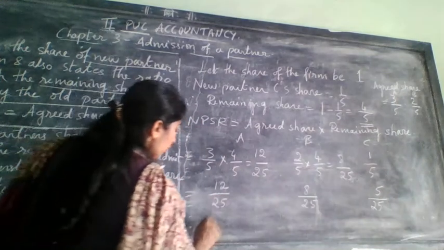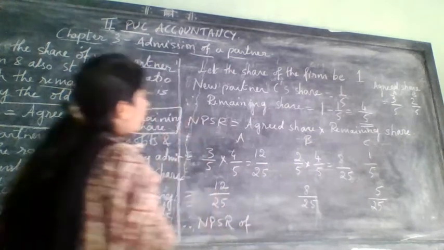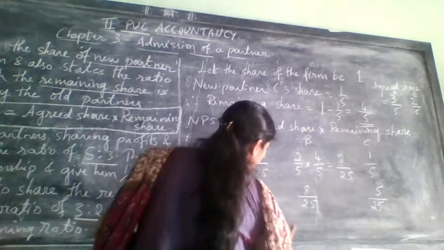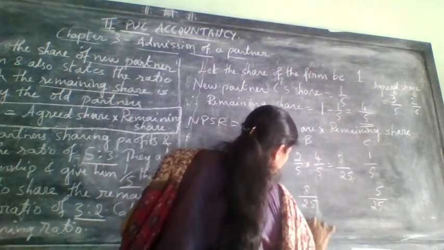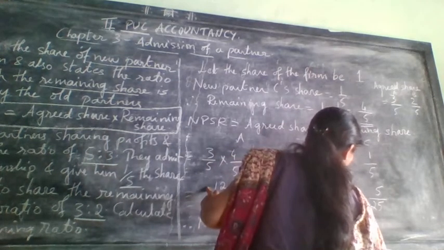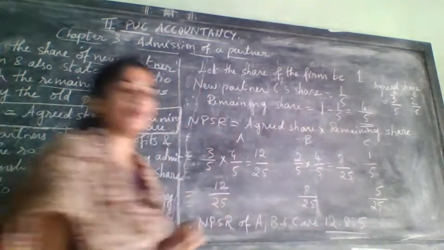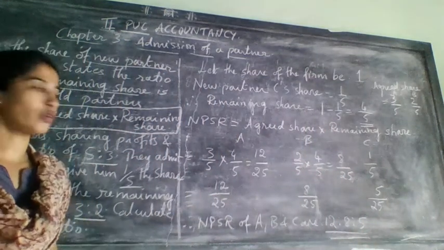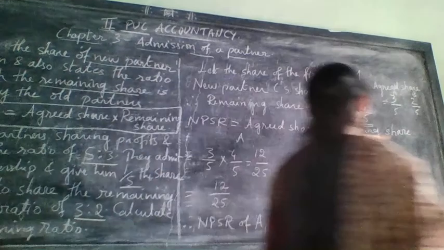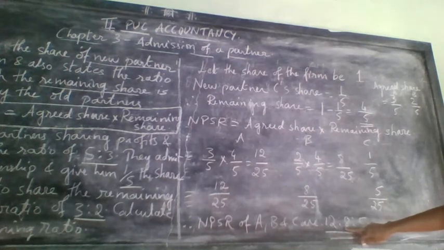Okay. Therefore, the new profit sharing ratio of A, B and C is 12:8:5. Is it possible for you to write it in simplified form? No. Can you tell me why? See, 12 and 8 can be divided by 2, right?